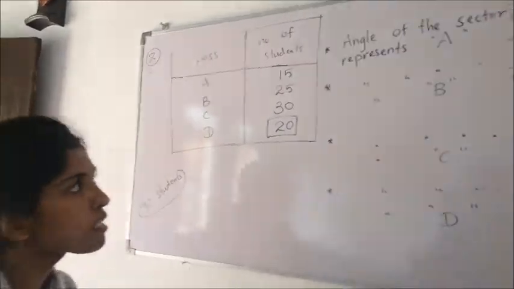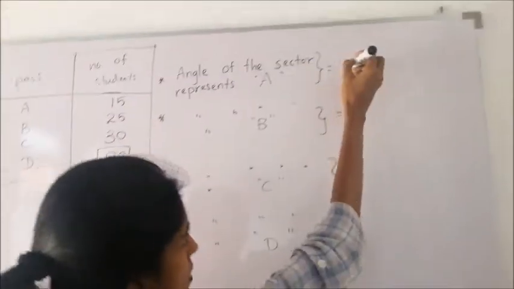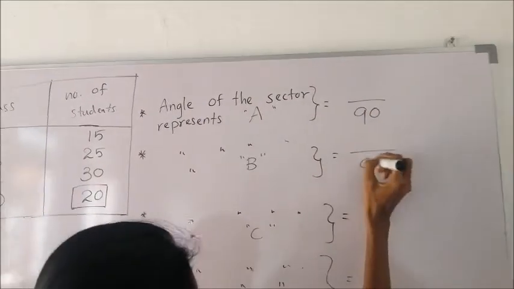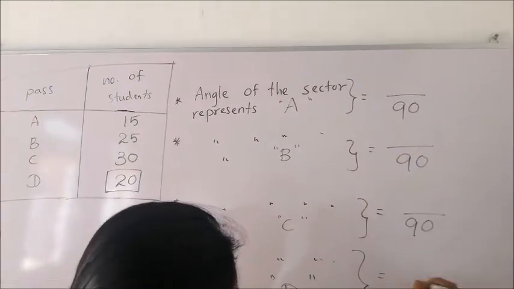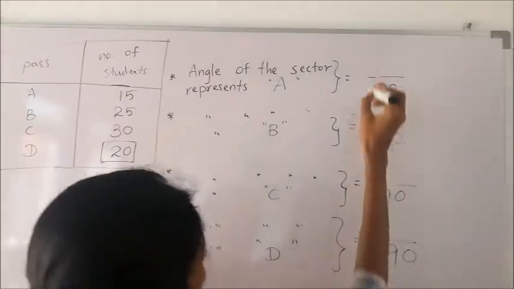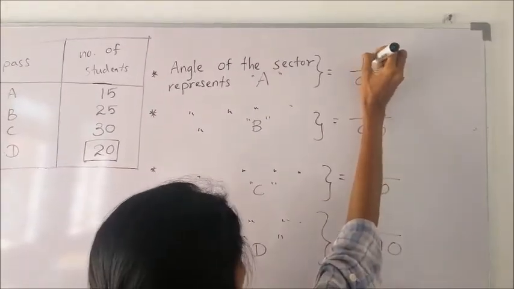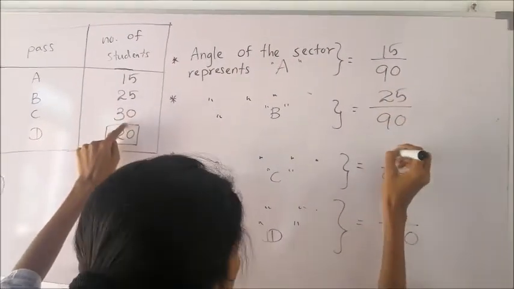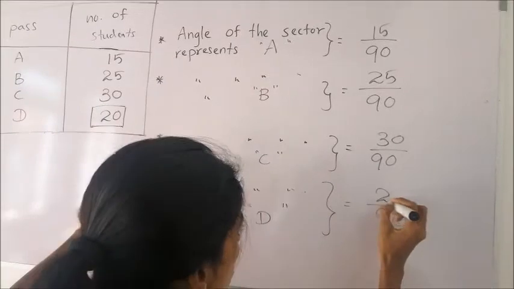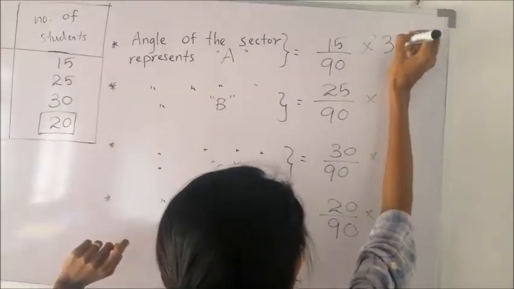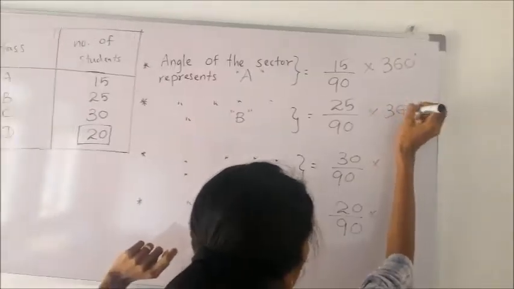Now, like earlier, we can do the calculations. Out of 90 students, 90 is the total. Out of 90 students, we will find for A passes, 15 students got A passes, 25 students got B passes, 30 got C passes, and 20 got D passes. Multiply all by 360 because we need to find the angle.